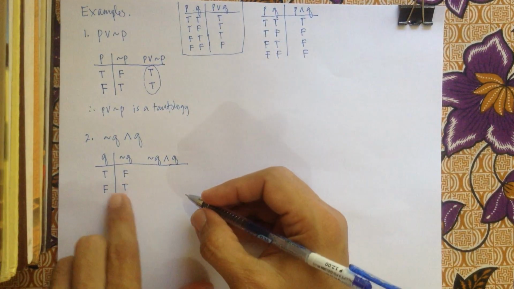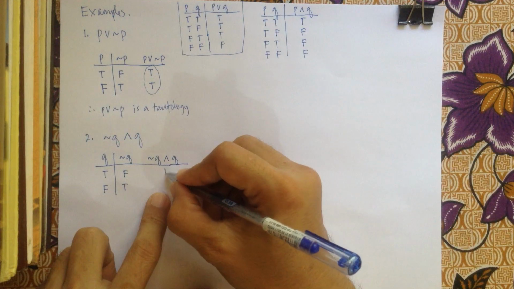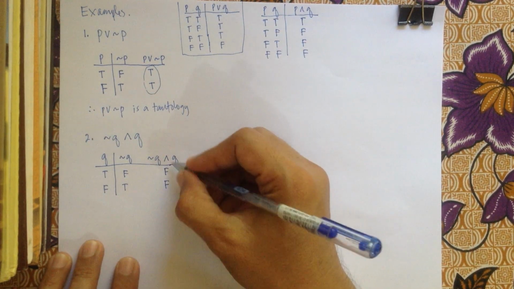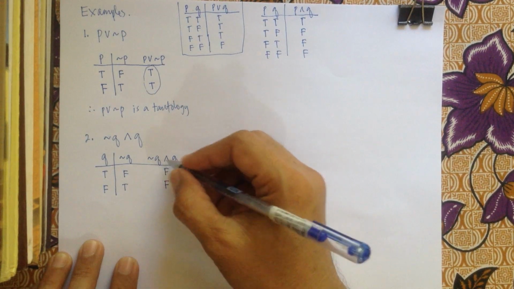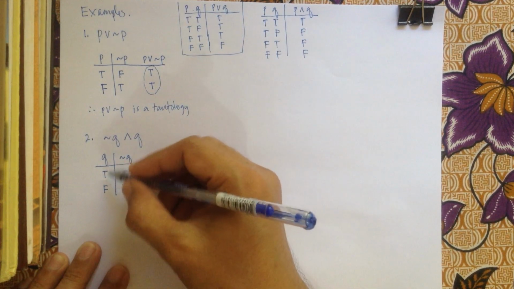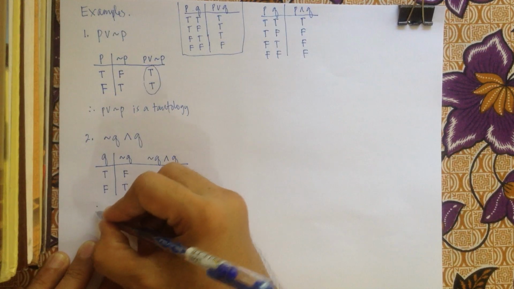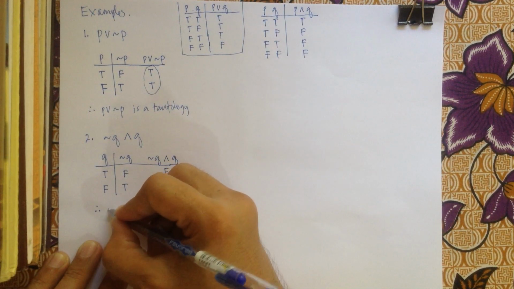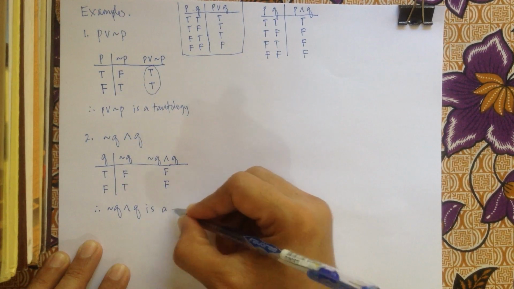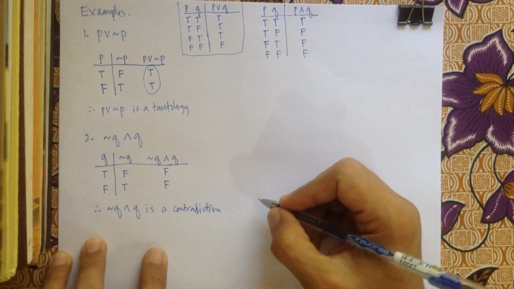Following that idea, here we have true, false. So under and, that's of course false, and this is false. So you see that your truth table for negation of Q and Q reveals that for every possible truth value of its components, you have all false. So our conclusion is negation of Q and Q is a contradiction.